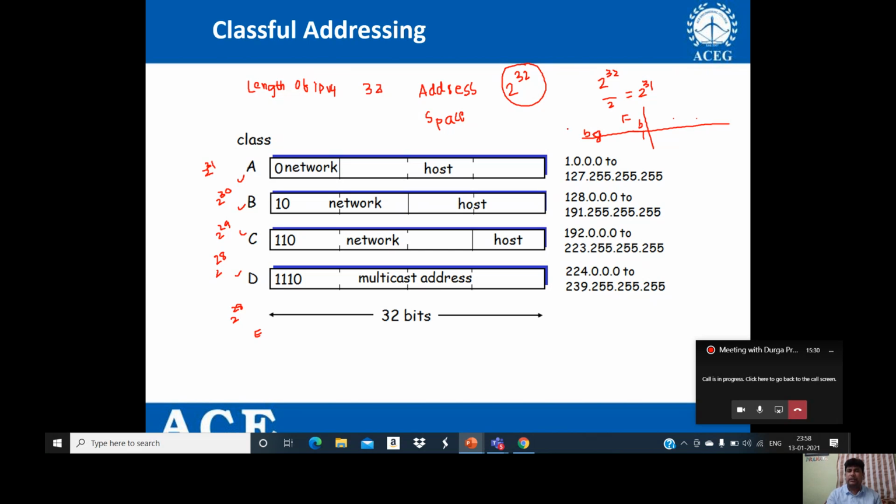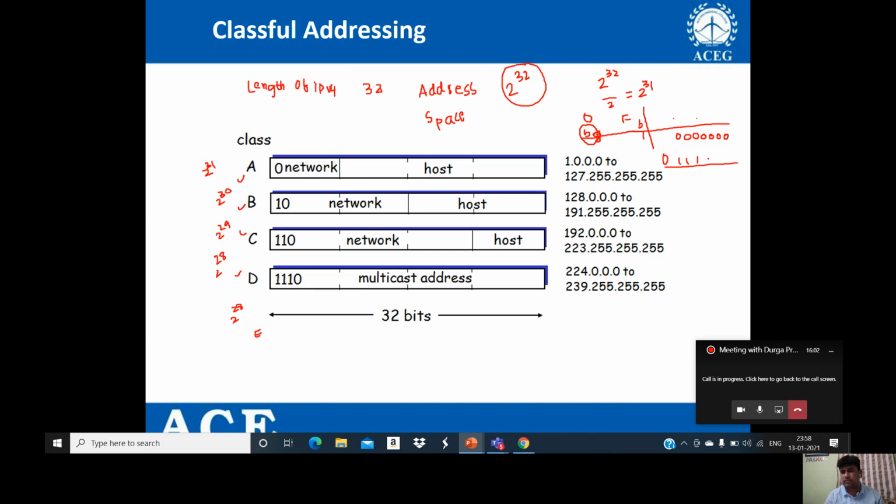Now if the first bit B8 is 0, then that particular set of IP addresses belongs to class A. So what do you mean by it? The first bit of your first byte is 0, and the remaining bits can take any value from all zeros to all ones.